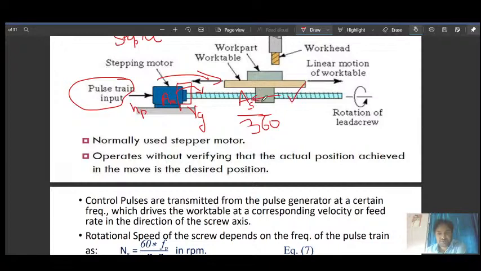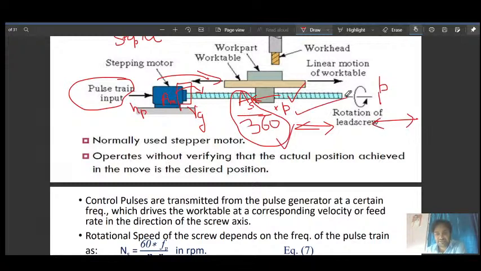If we divide it by 360 degrees, we get the total number of rotations of the lead screw. If we multiply that with the pitch value, what we get is the linear distance. As you know, pitch is the movement of the table in one rotation, and this is the total number of rotations, so multiplying by the pitch value we get the linear movement.